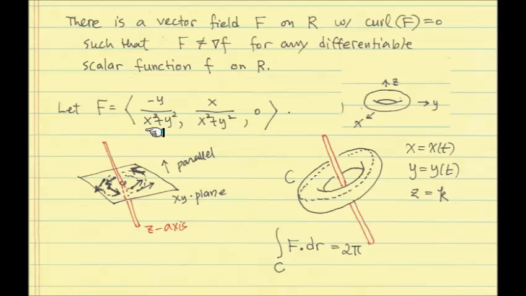For example, if you look at x squared plus y squared in the denominator, it can be 0 only when x and y are both 0, and there's no condition on z. So everywhere at 0, 0, any z value will give you a problem of this one being undefined. So that's why it's happening.